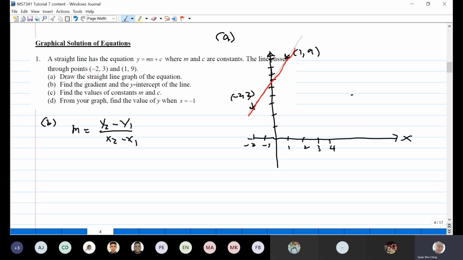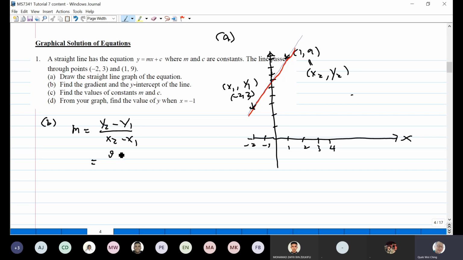So this is x2, y2, and this is x1, y1. So you can follow the calculation.